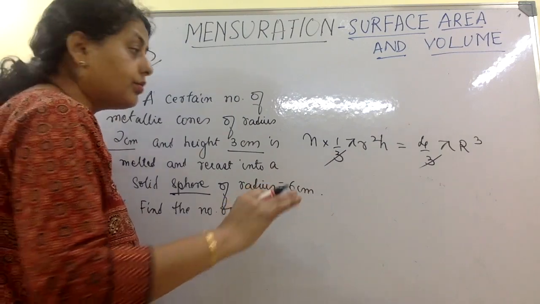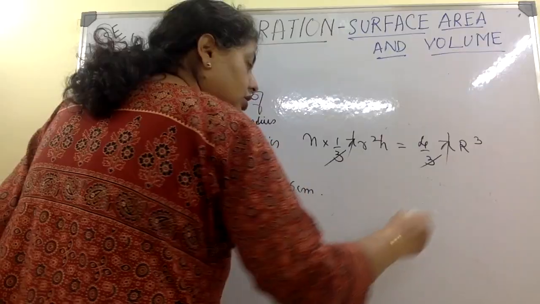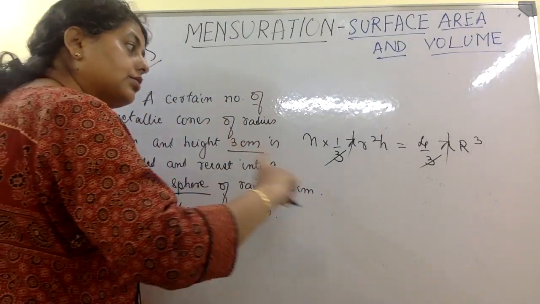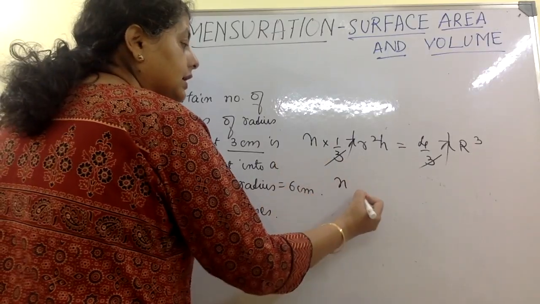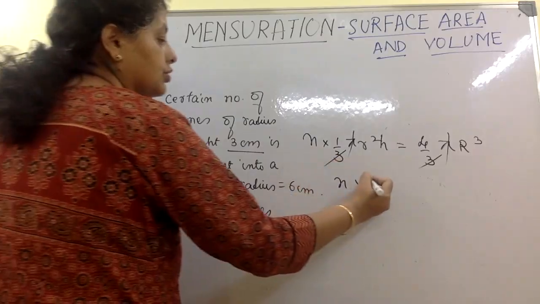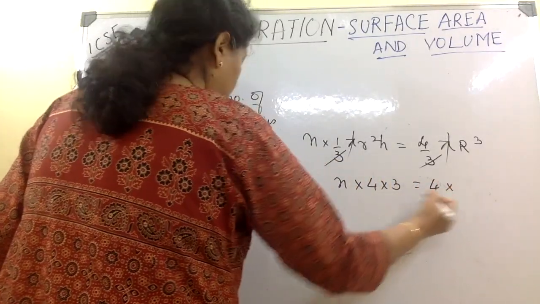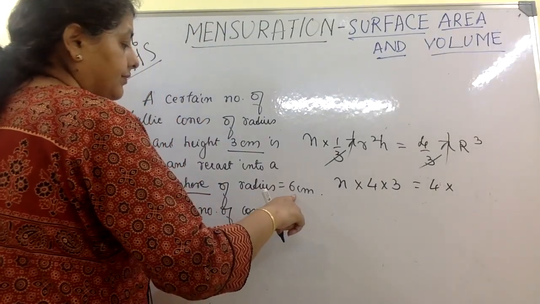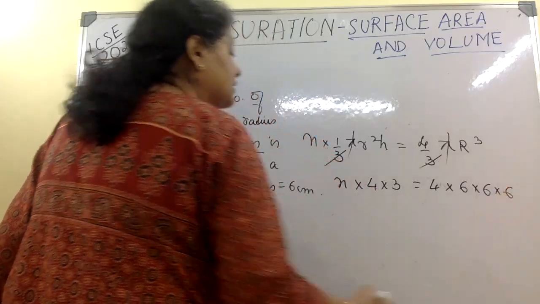Manage the sum from the formula itself. You need not substitute 22 by 7. Cut out the pi also. Then n is remaining here, into r is 2, so I get a 4 here, and h is 3, and 4 into r of the sphere is 6, 6 into 6.